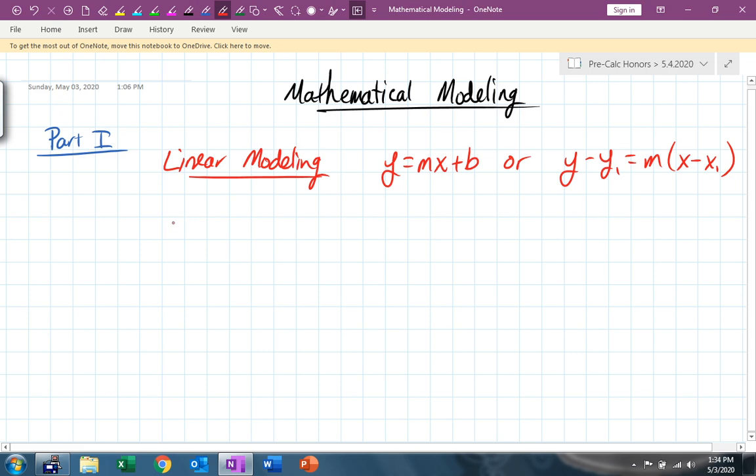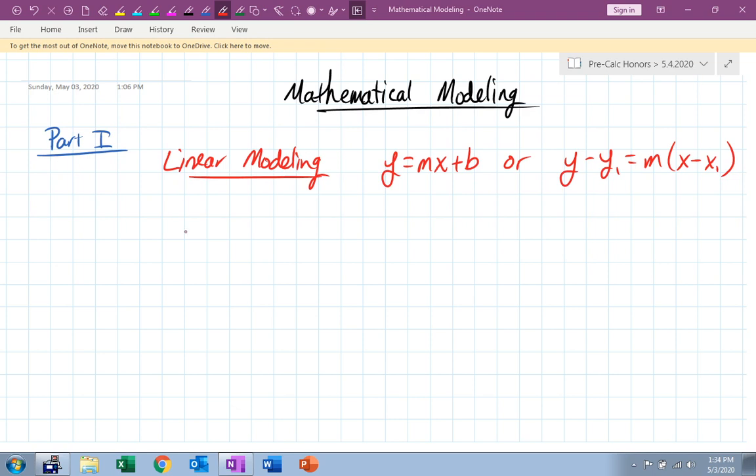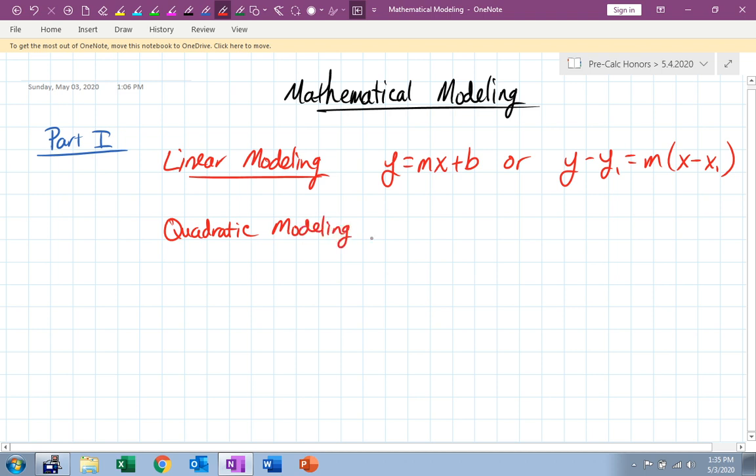The other one was quadratic modeling. Let me change my visual setting so it works better. So quadratic, let's spell it right. Quadratic modeling is a parabola shape or some kind of shape like that.